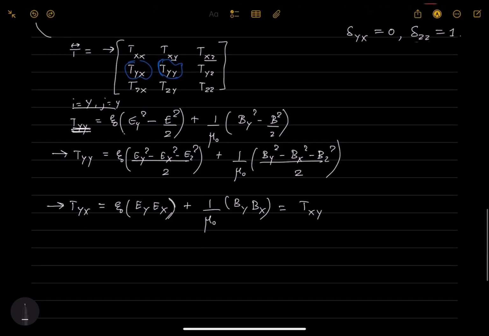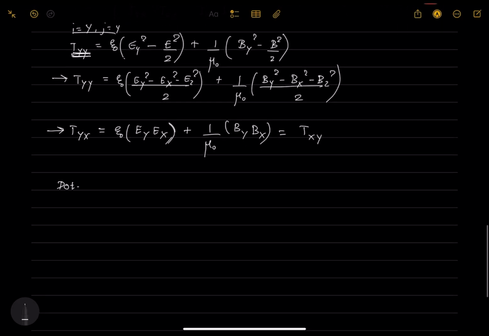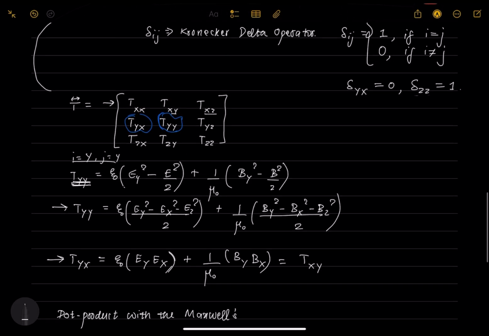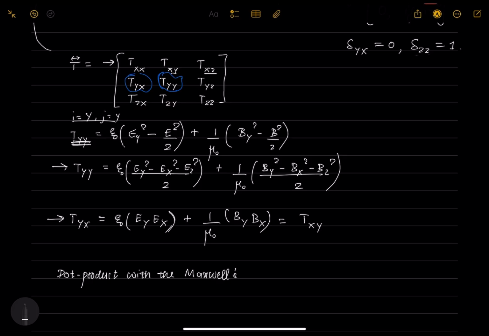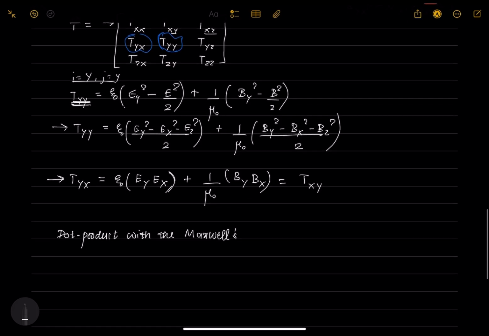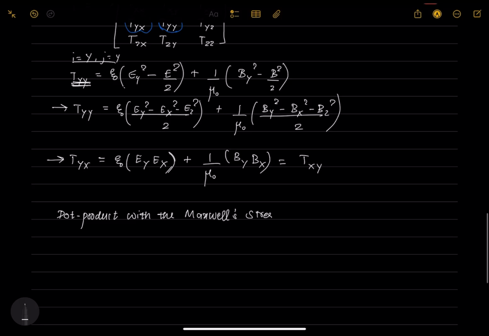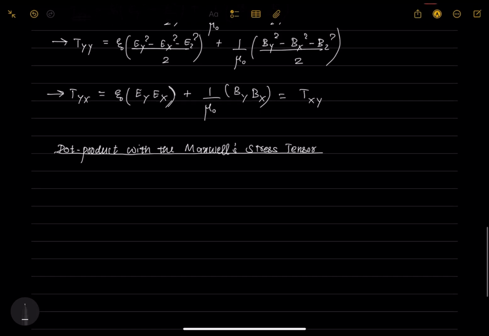Let's explore what it means to take a dot product with this tensor quantity, with the Maxwell stress tensor. So we're just exploring a bit of mathematics and a bit of hows and whys in the notation. We're going to see what it means to take the dot product of a vector which has x, y, and z components with the Maxwell stress tensor.